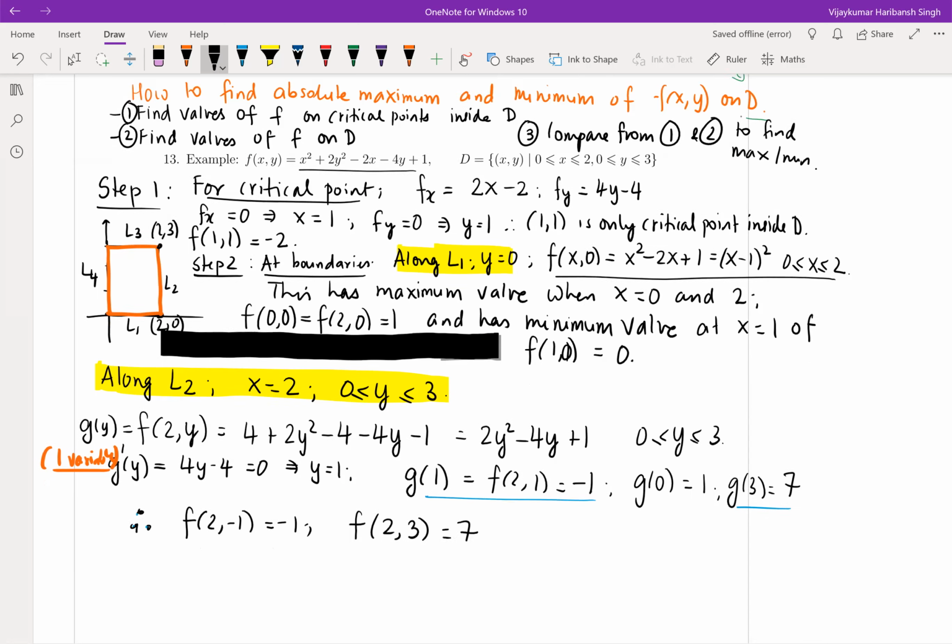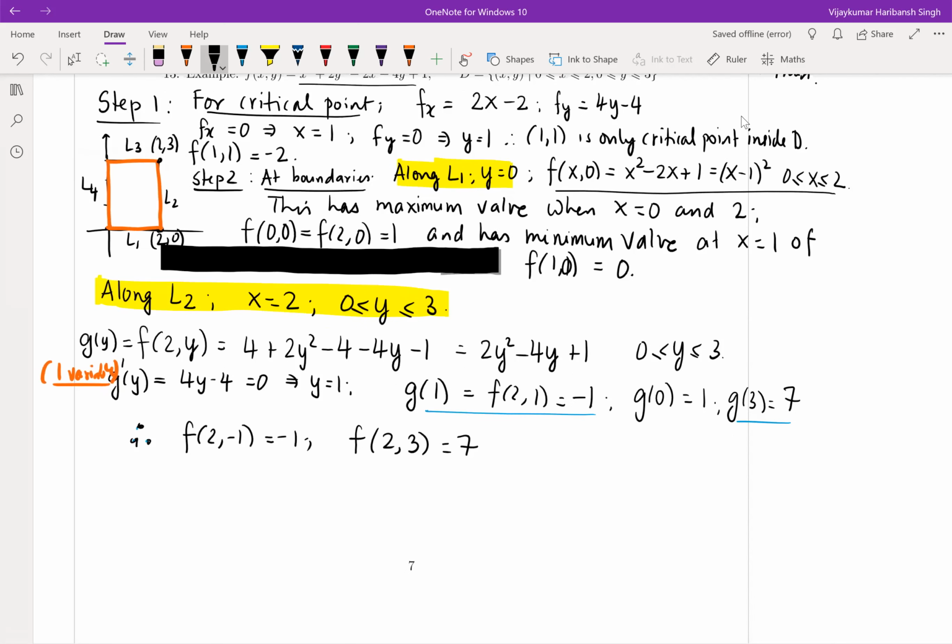Okay, so now let's go along L3. Along L3, we get y equals 3, and our x goes from 0 to 3.